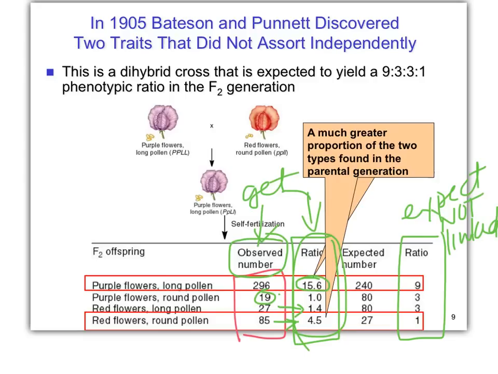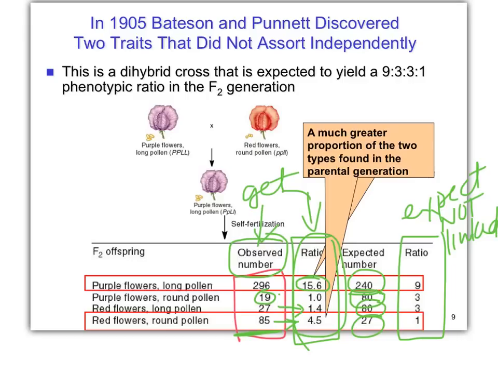So what would be the expected numbers we should get if it's 9 to 3 to 3 to 1? Well, we add up the total, okay, and then we take 9/16 of the total, 3/16, 3/16, 1/16. Okay, and do that math to figure out what our expected number is. So that means we'd expect 240, 80, 80, and 27.